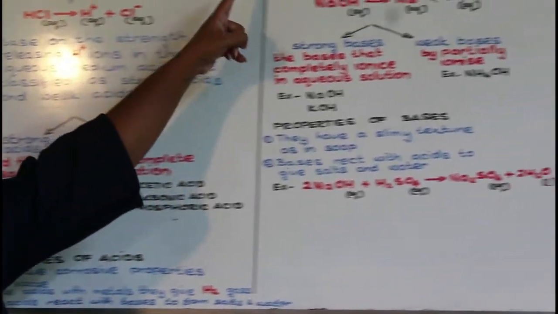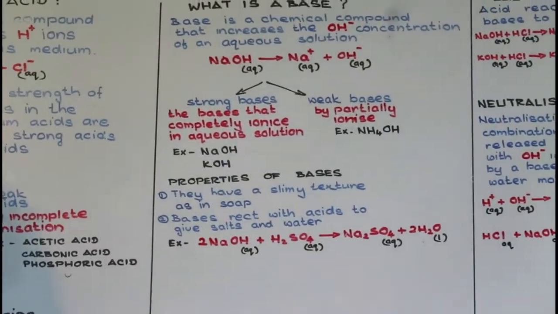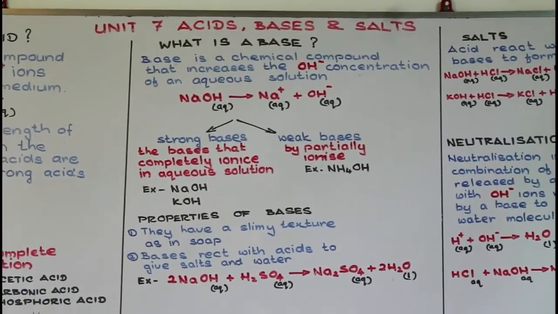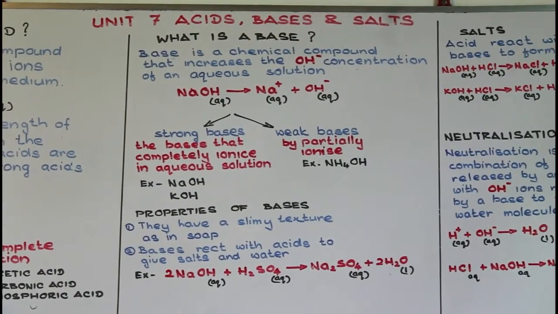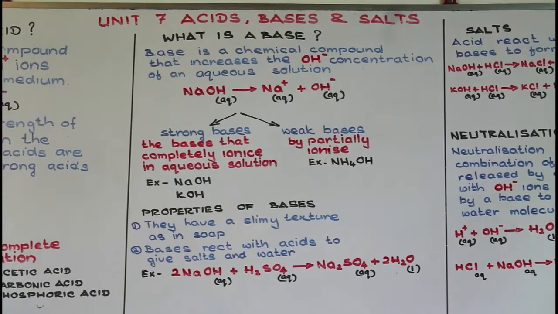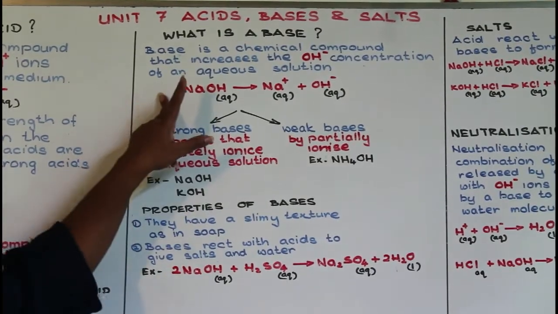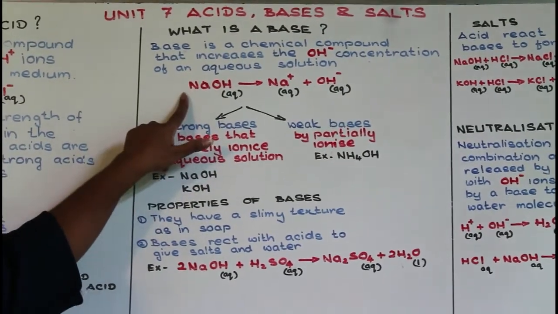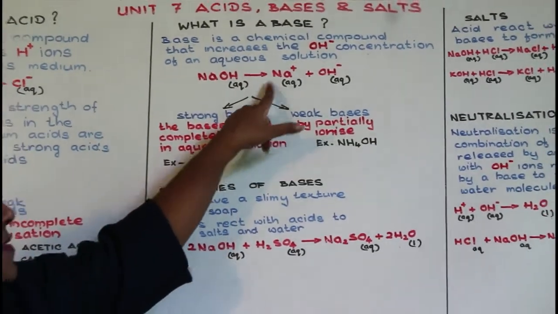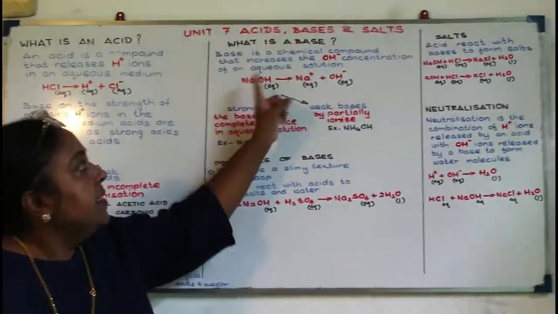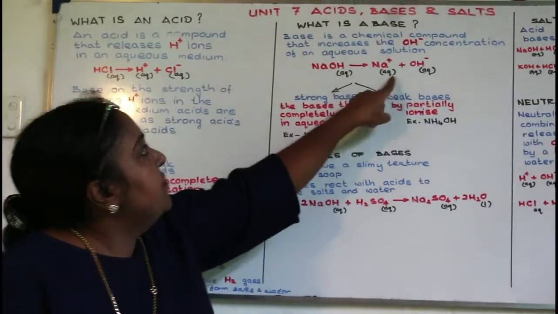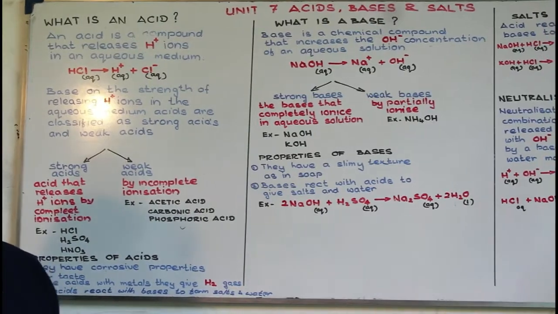Then you have to study what is meant by a base. Now tell me, what is a base? A base is a chemical compound that increases the OH- concentration of an aqueous solution. What is the example here? NaOH, it splits into Na+ ions and OH- ions. That means it increases the OH- concentration in the aqueous solution.